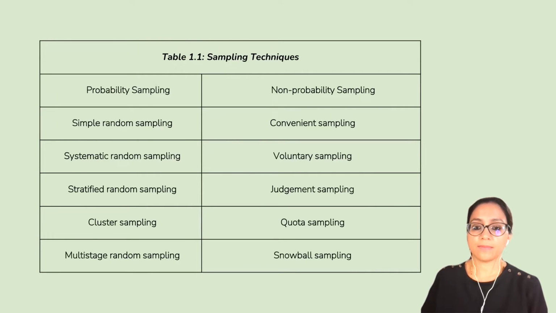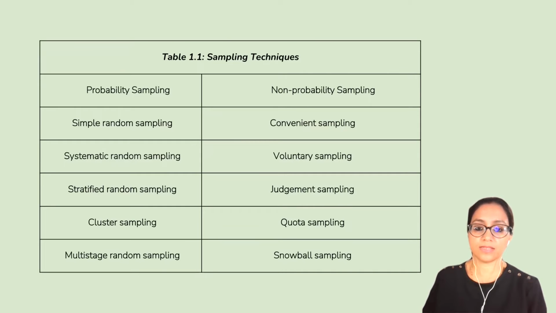There are different types of sampling techniques. We will just know the names of them and will not go into the details. Probably we will go into the details as and when we progress through the course. There are different types such as probability sampling and non-probability sampling. Then there is simple random sampling, which is the most popular type of sampling technique used in statistics.